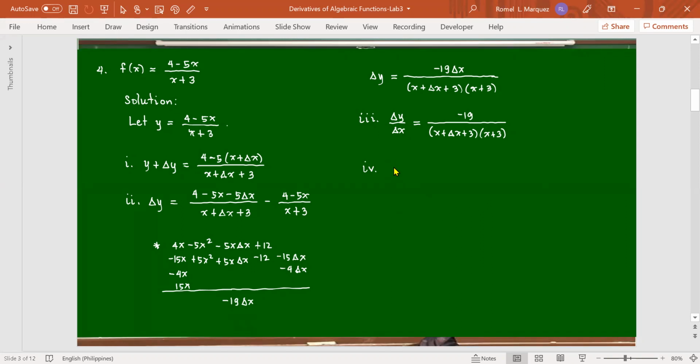Okay. So again, what is g prime of x, or the derivative of y with respect to x? It is equal to the limit of this ratio as delta x approaches 0.